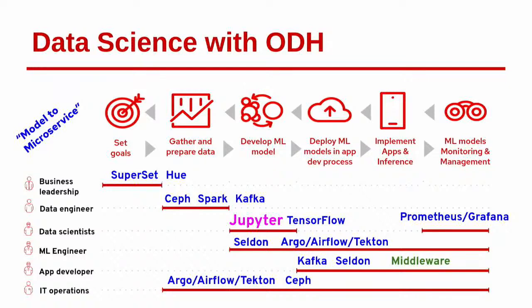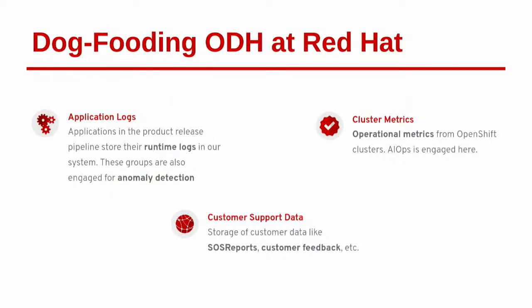So, stakeholders, data engineers, data scientists, and the DevOps folks and IT operations who may be helping you actually run your models. And you can see that today I'll be primarily talking about Jupyter, which is right in there, but because this is in an Open Data Hub environment, all these other tools are available through the Jupyter console.